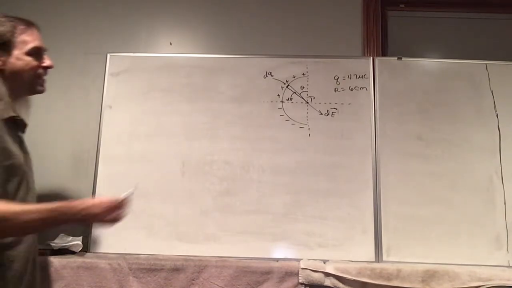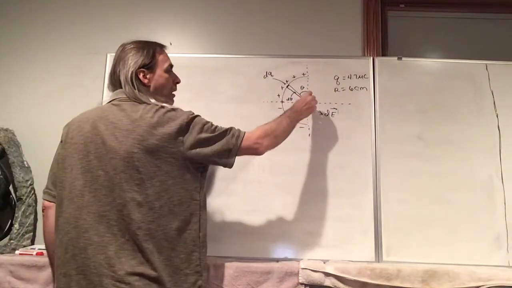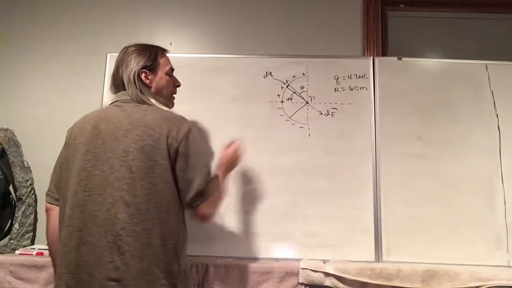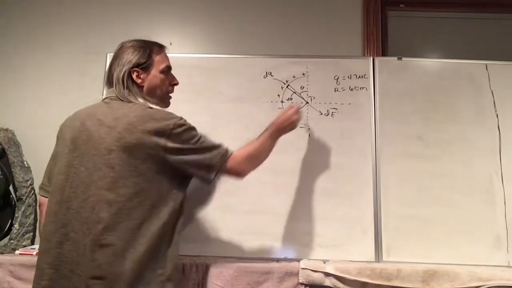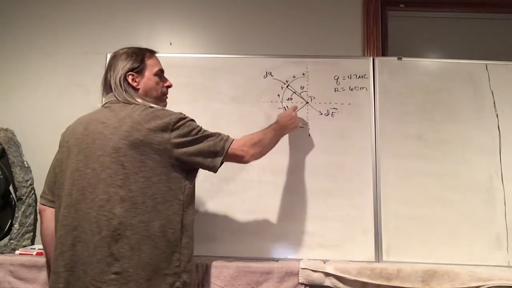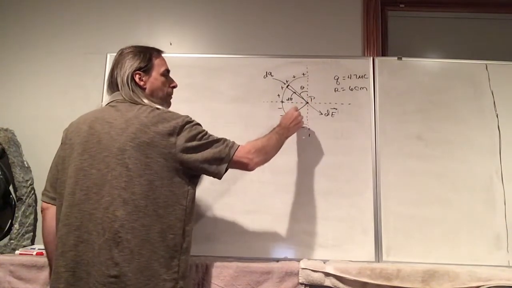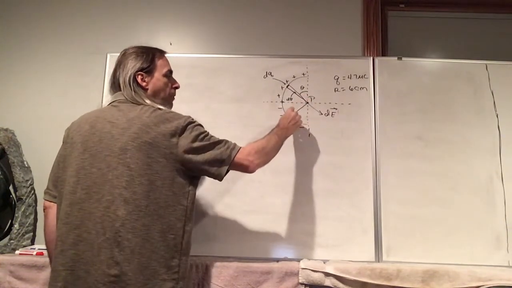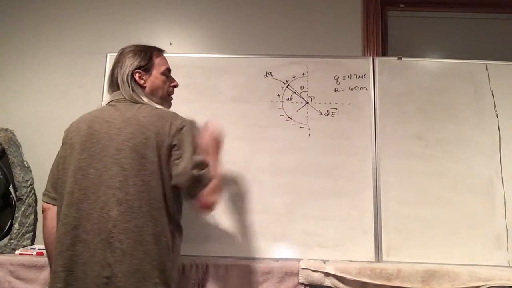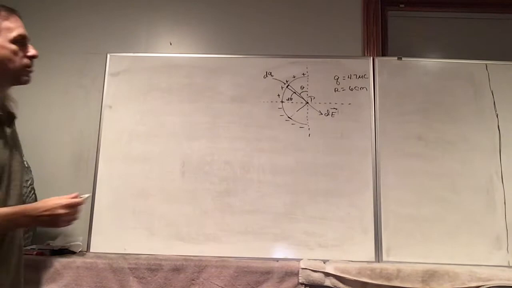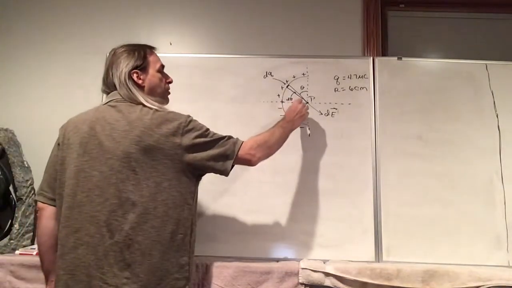Now, if we look at this same angle on this side, like this negative charge, we're also going to have a dE go in this direction. So if we look at this part of the loop right here, electric fields point towards negative charges.